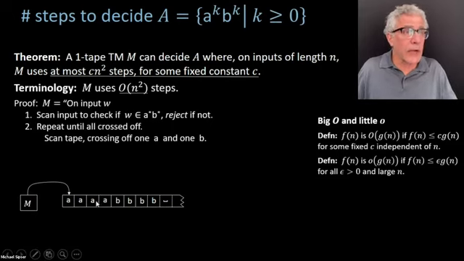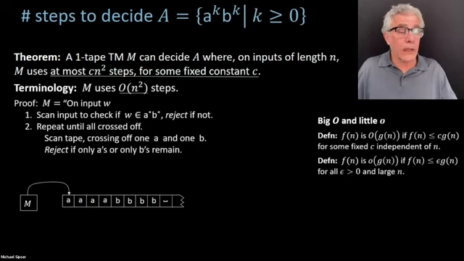We're going to scan the entire tape, crossing off a single A and a single B on each scan, and keep doing that until you've crossed off everything, unless you run out of A's or B's. In that case, you reject.